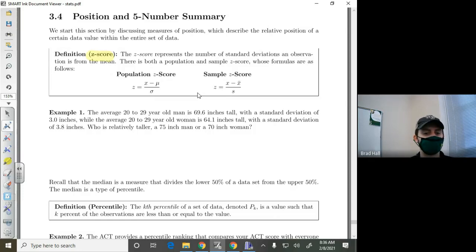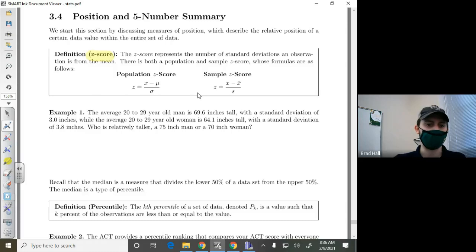So they gave us the mean and the measure of dispersion, the standard deviation, which means that approximately 68% of men from 20 to 29 will fall between the heights of 66.6 inches and 72.6 inches. That would be 1 standard deviation below and 1 standard deviation above.